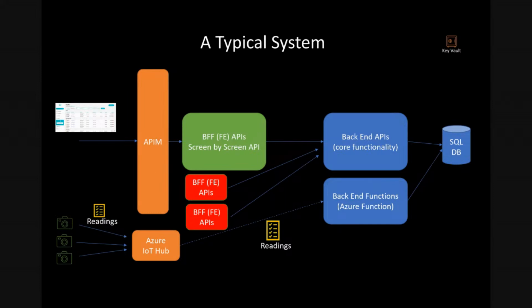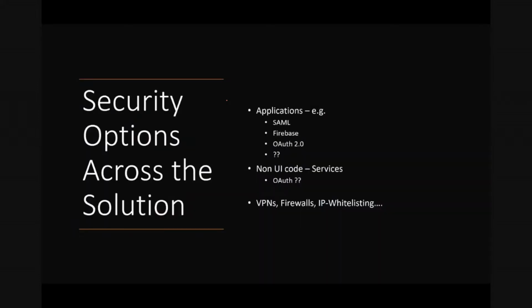So how do we sort of secure across this thing? And so what I thought I'd do was just talk a little bit about what this is, and then go through a few bits and pieces around tokens and so on in this space.